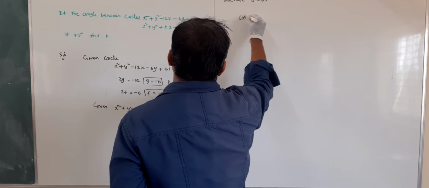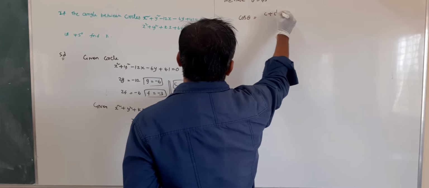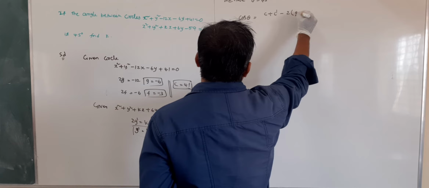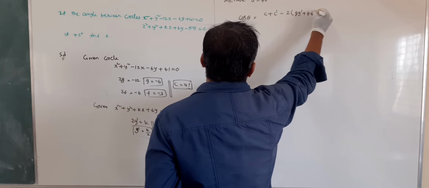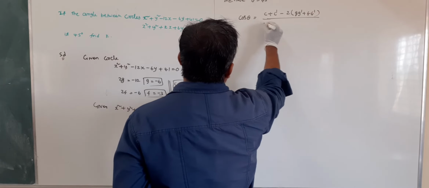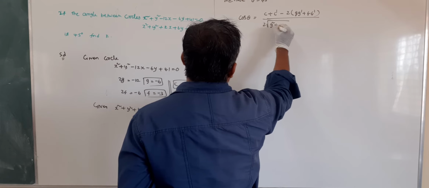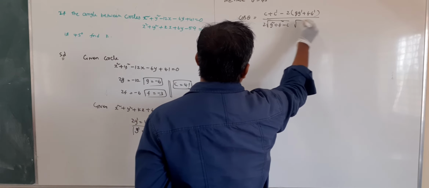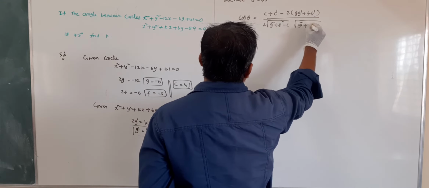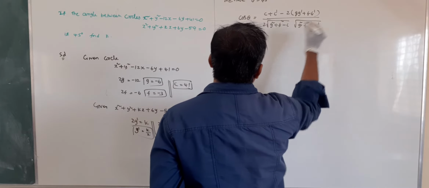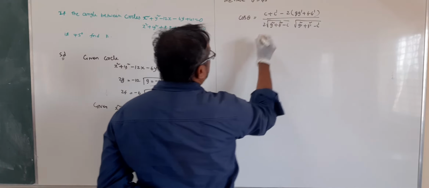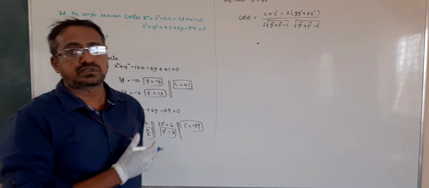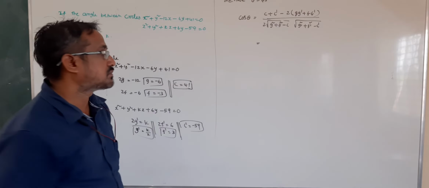You have a formula cos theta is equal to (c plus c dash minus 2g g dash plus f f dash) by 2 root g square plus f square minus c, root of g dash square plus f dash square minus c dash. Now let us substitute all these values in that formula.